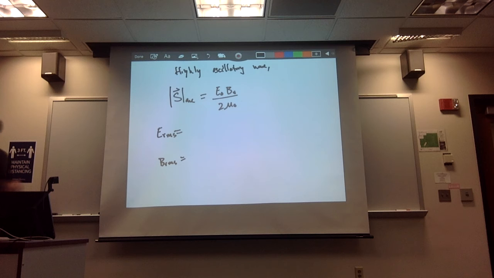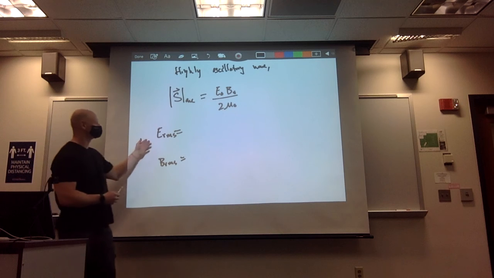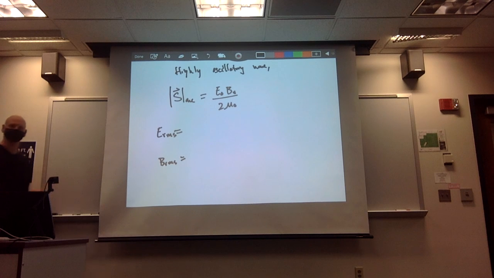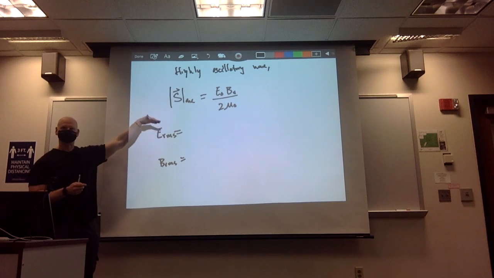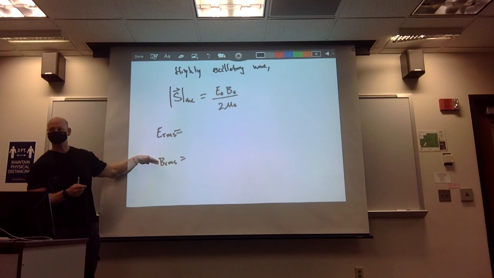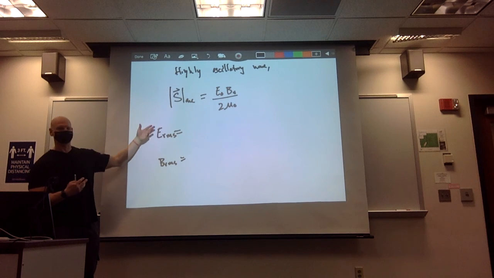These are the root mean squared averages. The reason we do that is that the electric field oscillates as a sine curve and the magnetic field oscillates as a sine curve, so what has to be the average value of the electric field and the average value of the magnetic field?